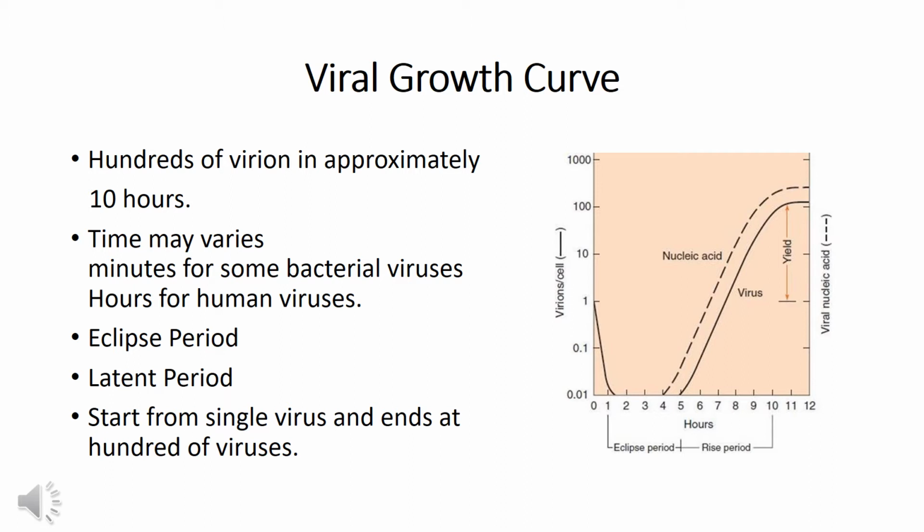Here another important thing is the eclipse period. What is the eclipse period? At the initial stage of virus replication, there is a time during which no virus is found inside the cell.